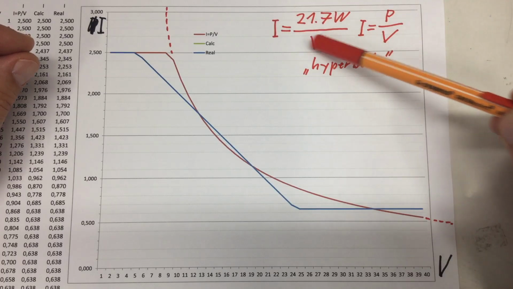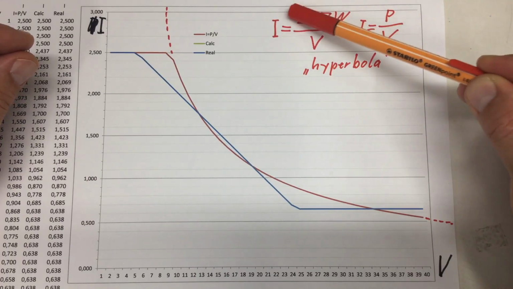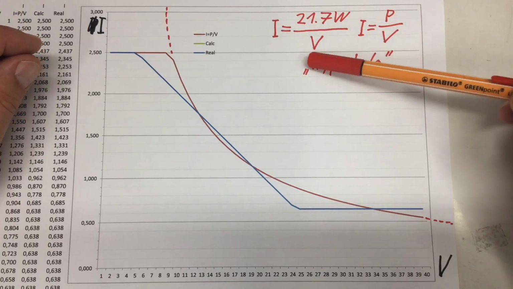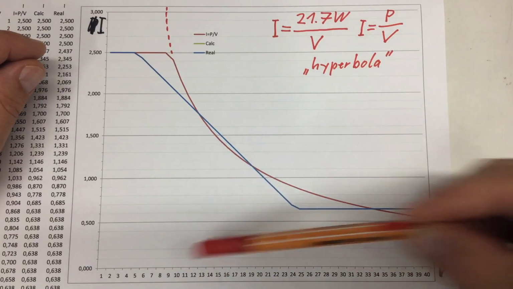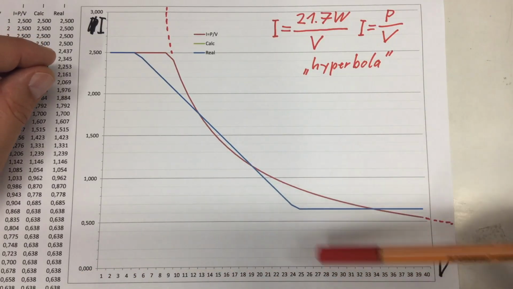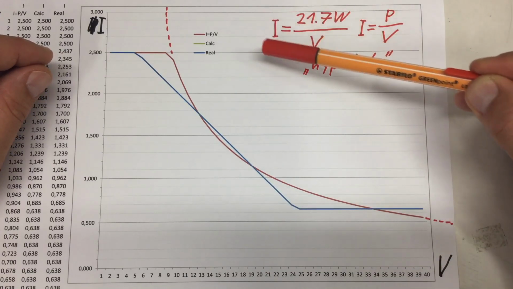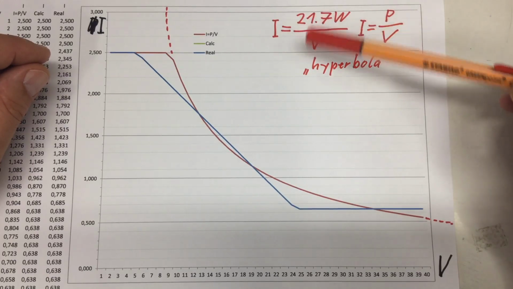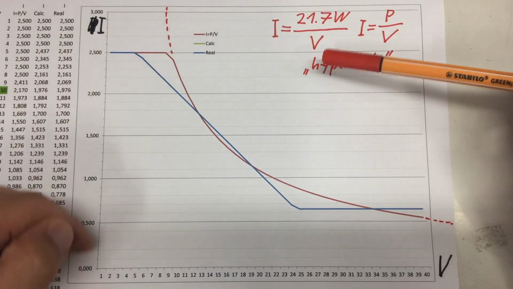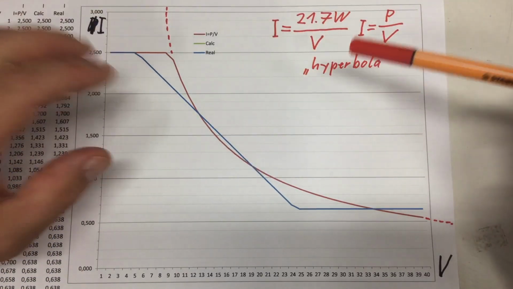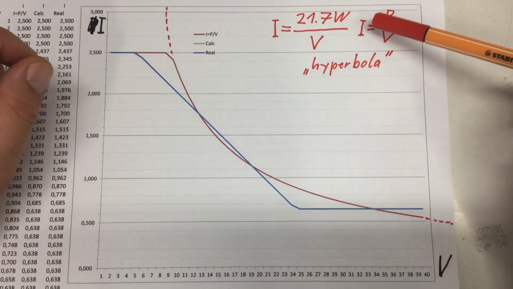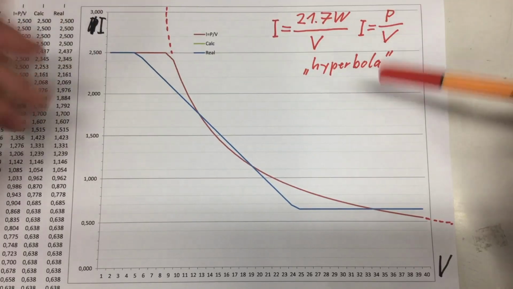And I can at most burn 21.7 watts. So depending on the voltage that I drop, I can let that current I equals 21.7 watts over the voltage flow through the load without burning it up. I equals P over V.